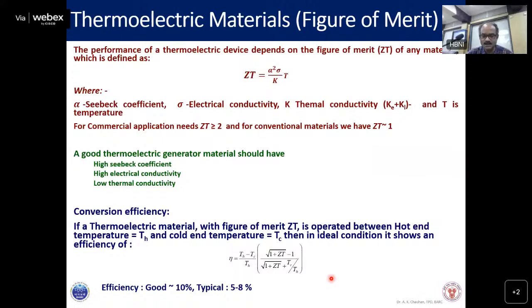And generally, the efficiencies are in the range of 5 to 8%, and a good efficiency in thermoelectric materials is in the range of 10%. If you find a thermoelectric material with an efficiency of more than 10%, it is a very, very good efficiency.